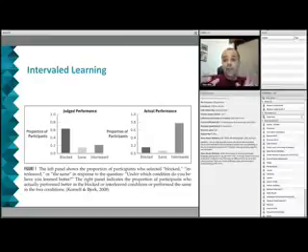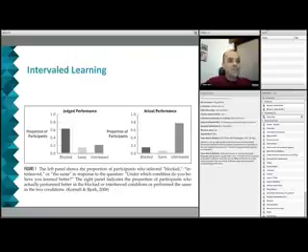With the other group, they covered exactly the same content but in an intervaled way, meaning not structured in a block course, but spaced through time in smaller bits of information.